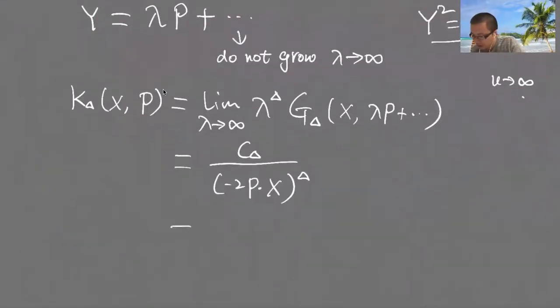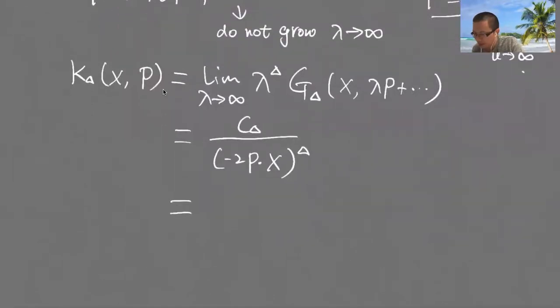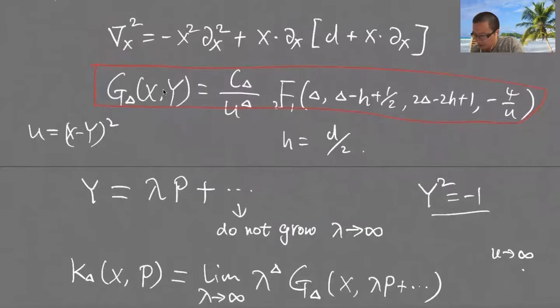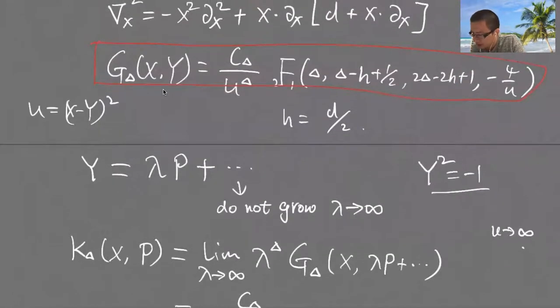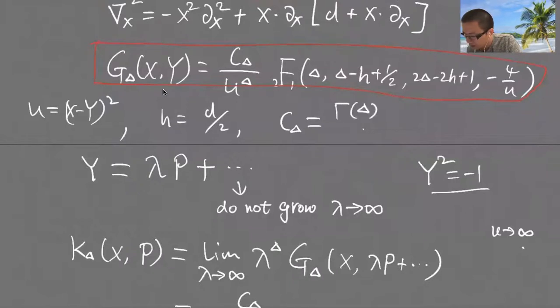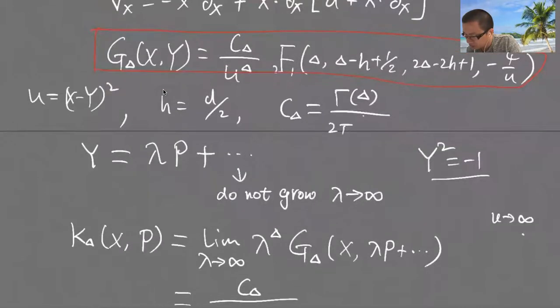Sorry, I didn't tell you the C. The normalization C here is given by gamma delta divided by 2 pi h gamma delta minus h plus 1.